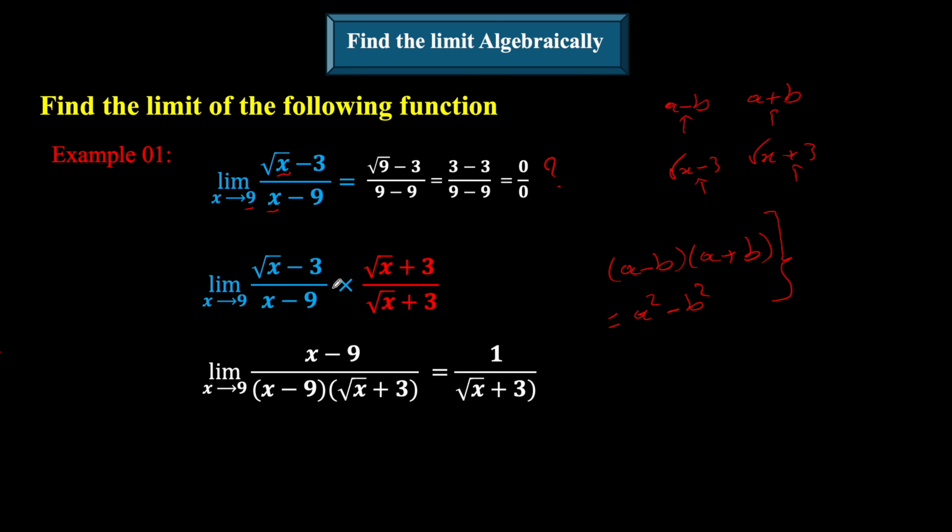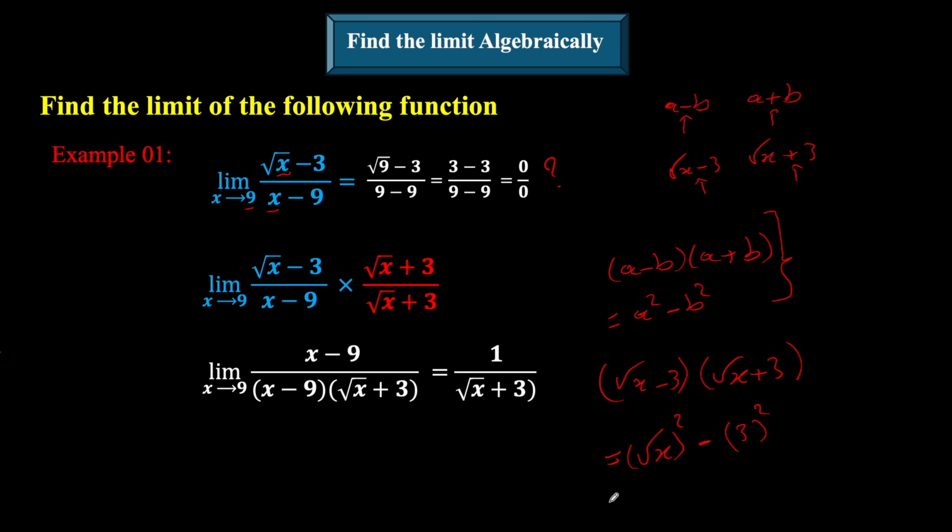So in this case, we have the square root of x minus 3 multiplied by the square root of x plus 3. You follow this formula. This is equal to the square root of x squared minus 3 to the power 2.